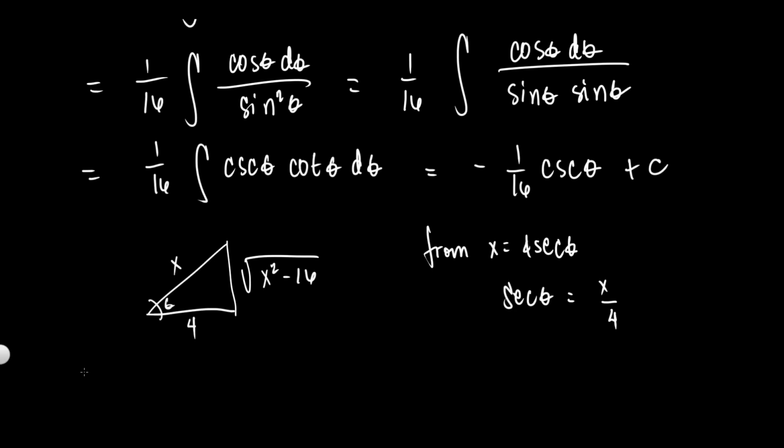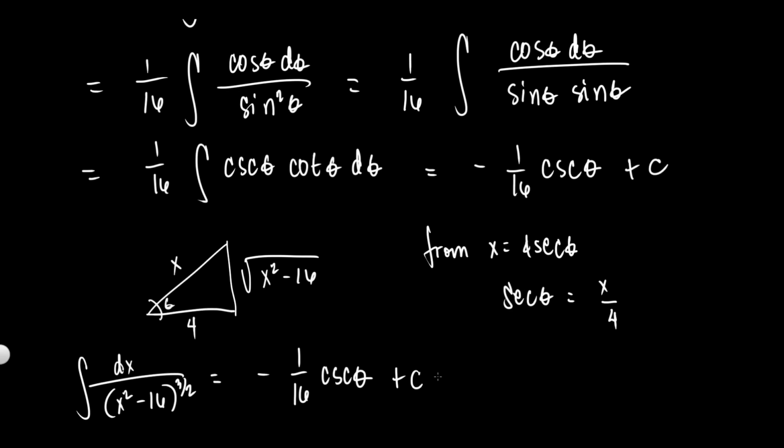So, the integral of dx over x squared minus 16 raised to 3 halves is equal to minus 1 over 16 cosecant of theta plus c. And cosecant theta is the same as 1 over sine theta. And sine theta is opposite over hypotenuse, di ba?